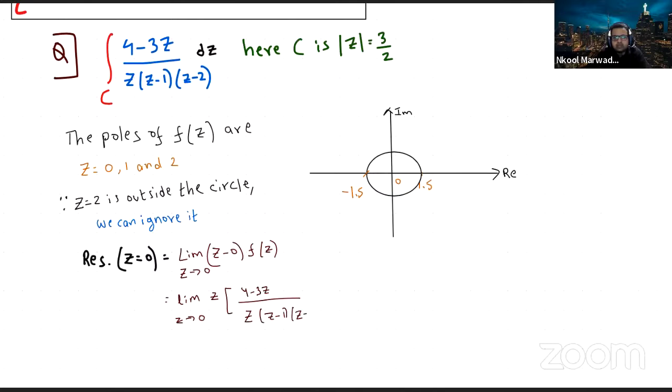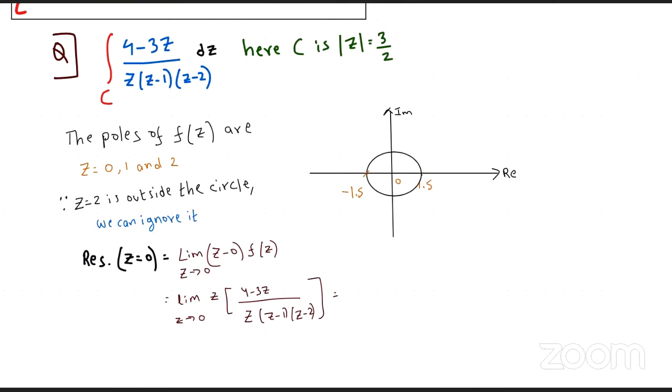Z will cancel. Now if I put 0, so minus 1 minus 2, so plus 2 in the denominator and 4 in the numerator, it will be 2 itself. So the first residue which I will get will be 2.